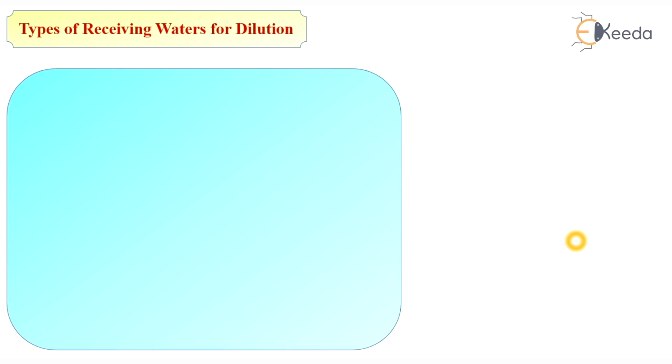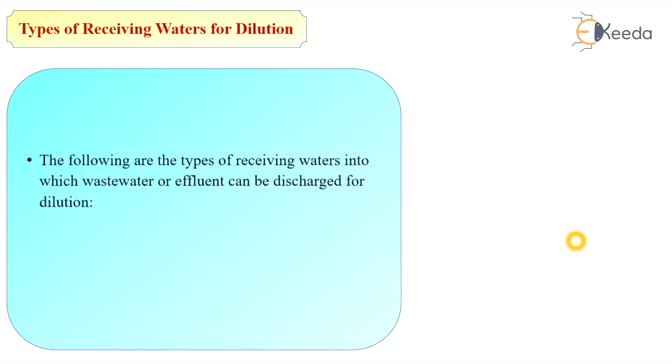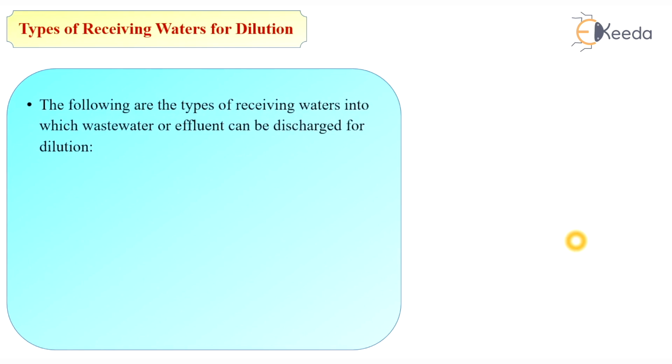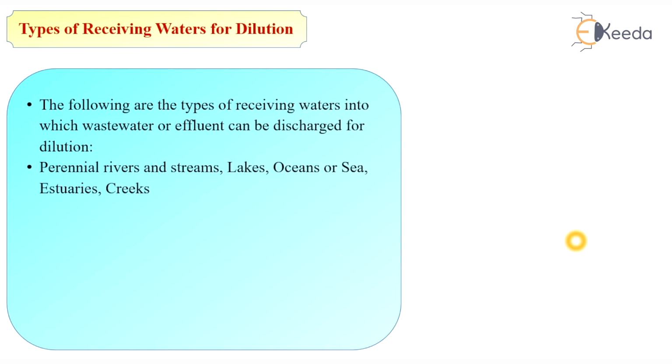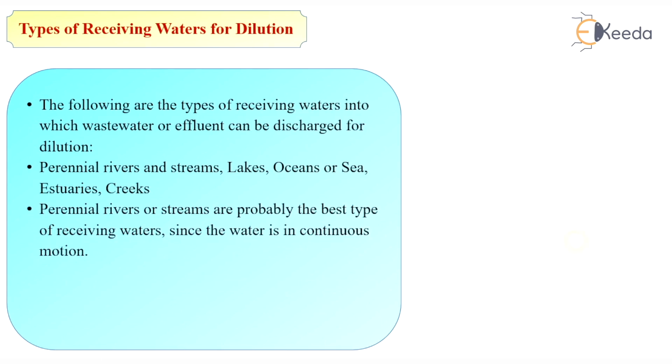So next is the type of receiving water for dilution. Which types of water bodies are suitable for receiving the untreated or treated sewage? The following are the types of receiving waters into which the wastewater or effluent can be discharged for dilution. First is perennial rivers and streams, lakes, oceans or sea, estuaries and creeks.